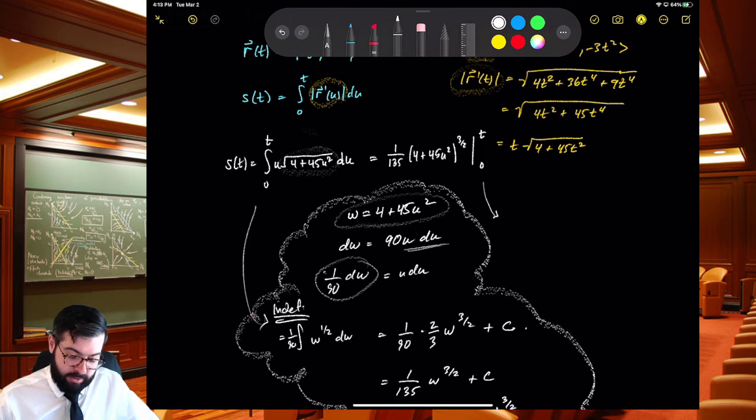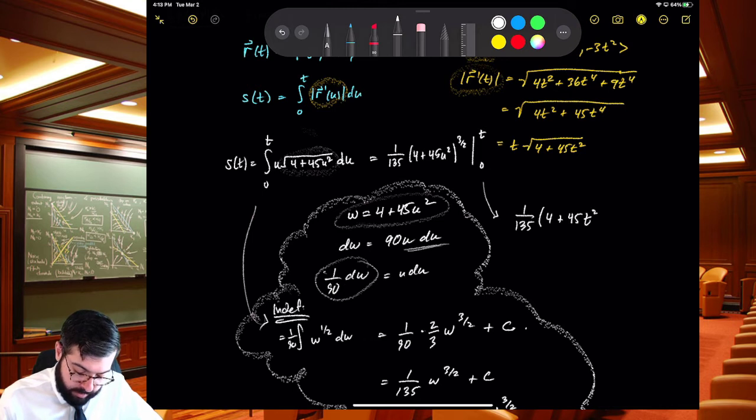And then what this becomes is 1 over 135, 4 plus 45 t squared, all to the 3/2 minus, and then I actually do have a non-zero value when the u is 0, and we'll get that to be 8.